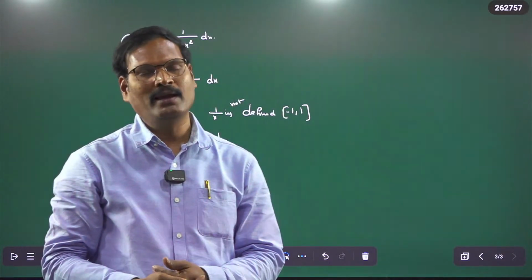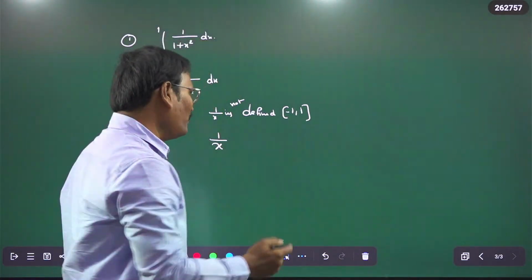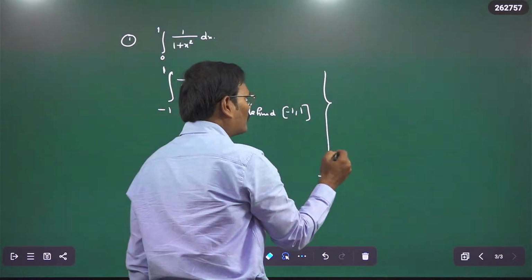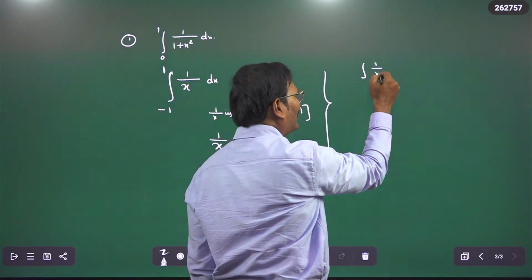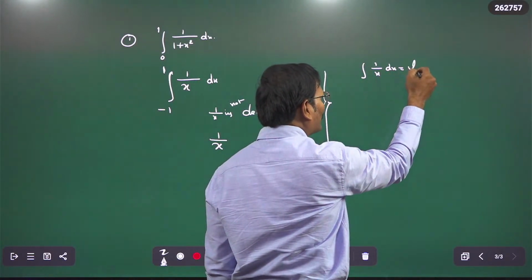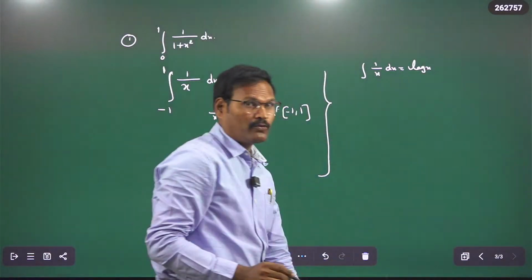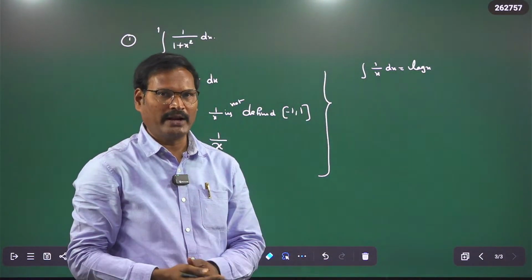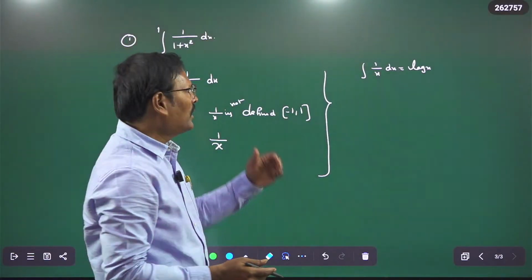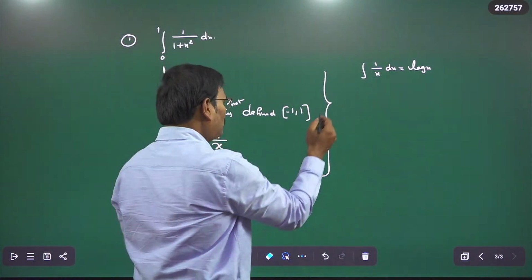No, why can't we apply it? So try it, no problem. So I will do it here. We have the formula integral 1 by x dx is equal to log x. We have learnt this formula in indefinite integration. I am trying to apply this formula.